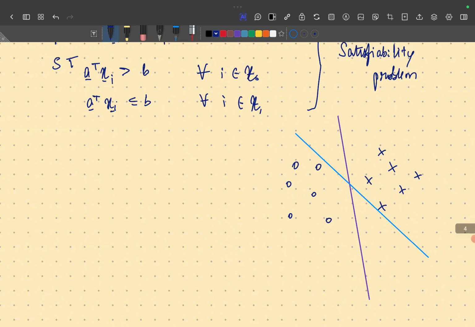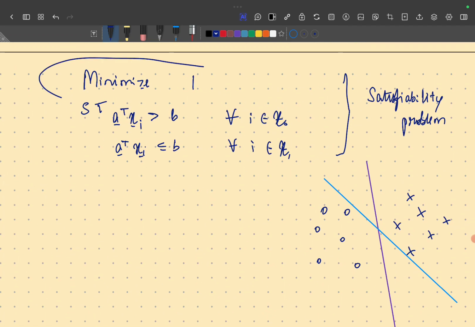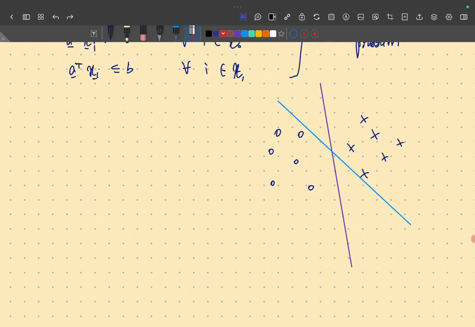You want to minimize one. Correct, this is the one, but then this is also a solution to this particular problem, right? I want to get this solution and not this solution. Maximize the distance. What distance? Maximize the minimum distance of the distances to each of the circles.